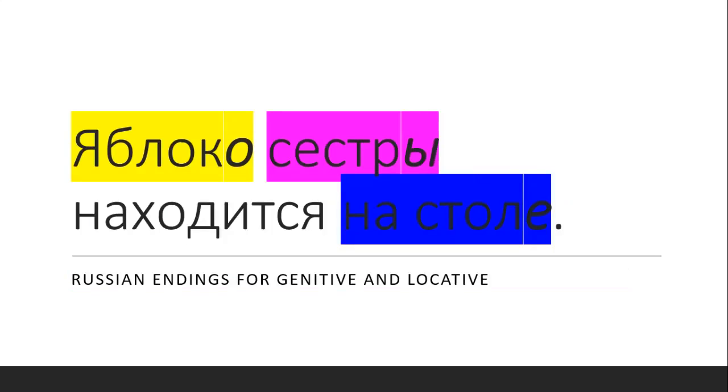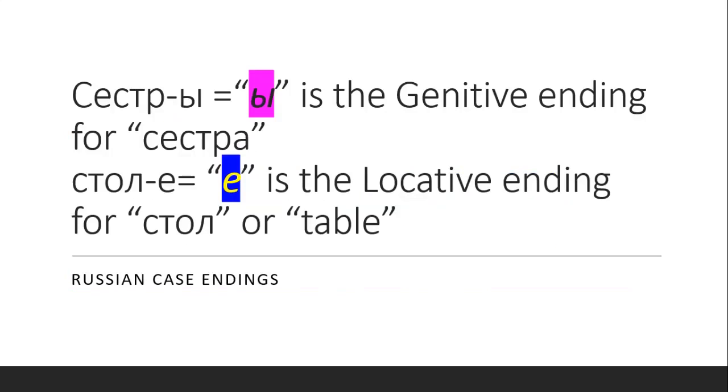So again, yabloko, because it's the main doer, is in yellow, nominative. Sestre, of the sister, is in genitive. It gets a special ending for the genitive, or of belonging. Nachoditsya means is situated, or is. Na stole, on the table. And then you have another ending there for locative.